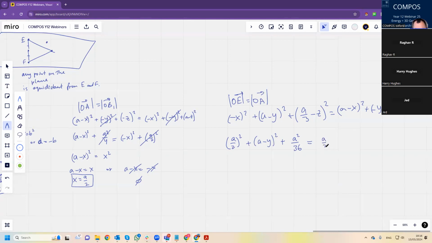So that's a over 2 squared plus y squared plus z squared, that is a over 2 squared again. So a over 2 cancels. We get a minus y squared equals y squared plus, that's a squared over 4 minus a squared over 36. Okay, hopefully I didn't make a mistake. I'll just double check myself.